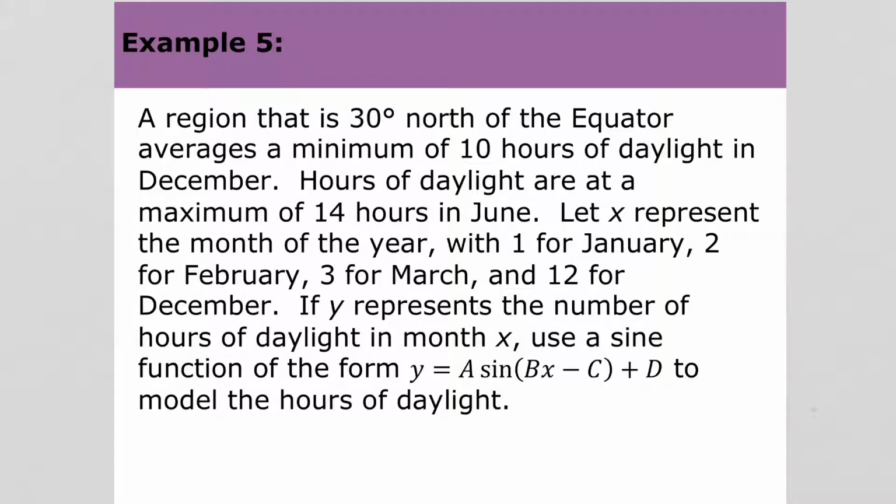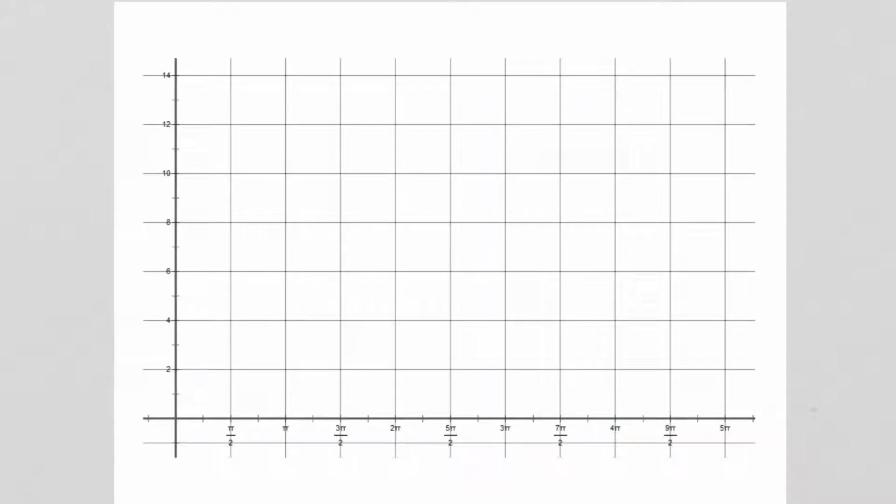Okay, so it says, first off, that our hours of daylight oscillate between 10 and 14, a minimum of 10 and a maximum of 14. So if we go over, and I've got a graph over here, our range is only going to go from 10 to 14.